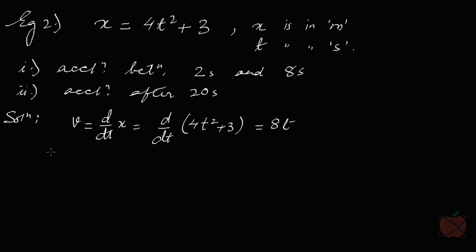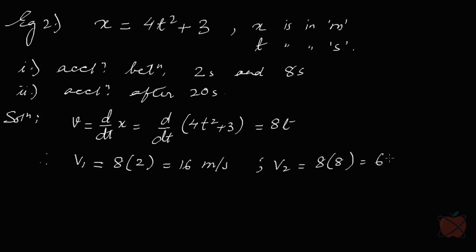So therefore what is v1? V1 you get 8 into t1, here t1 is 2 seconds, so 8 into 2, which is 16 meter per second. What about v2? V2 will be 8 into 8, 8 8s are 64 meter per second.